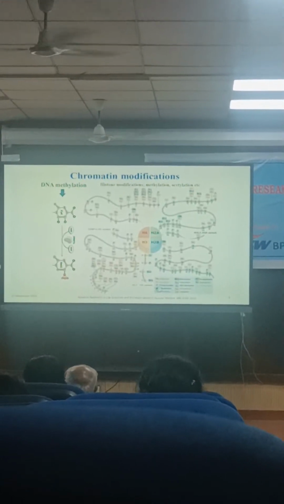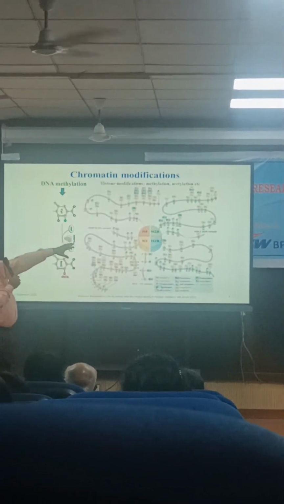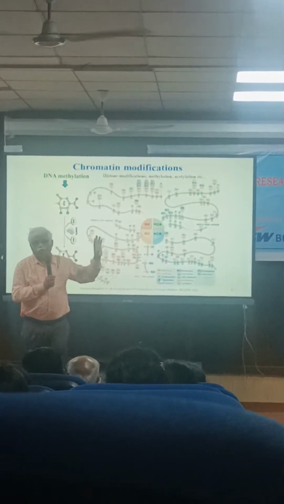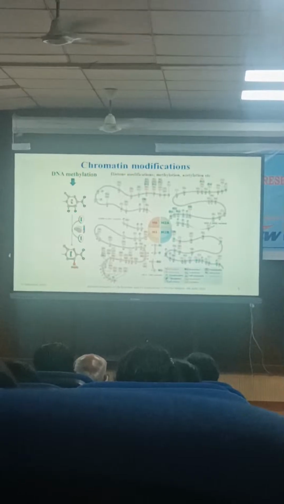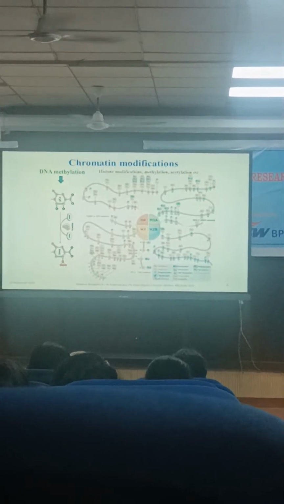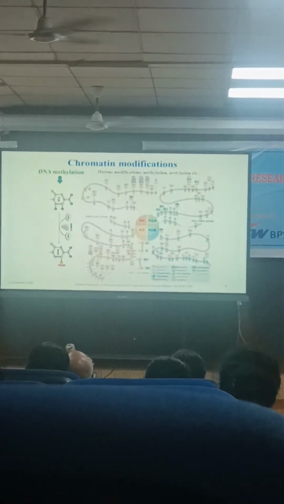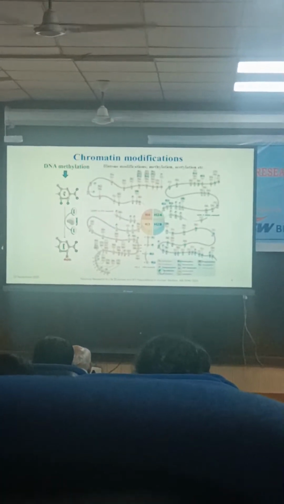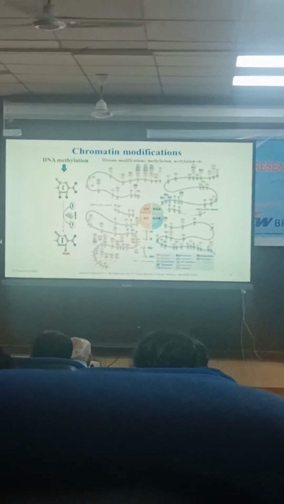Now, this is DNA methylation, and here are the histones H3, H4, H2A, H2B. But for a single gene, all these types of modifications, as I am showing here, are not required. Certain features are used according to cell signaling and the environmental complex, and the genes are expressed accordingly.